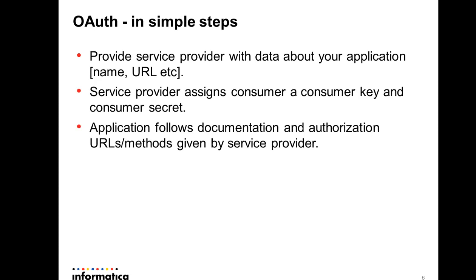In technical terms, the OAuth protocol provides the provider with data about the application, which means the application can be verified as using the same key which was granted earlier by the service provider, which is actually a consumer key and a consumer secret provided to the application.